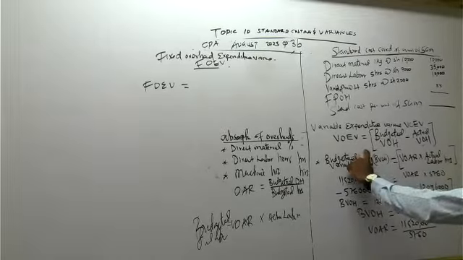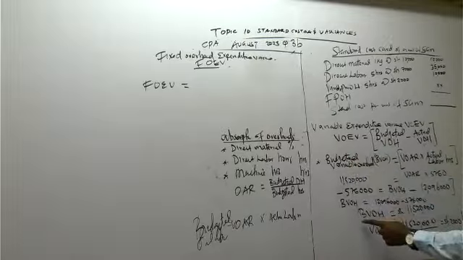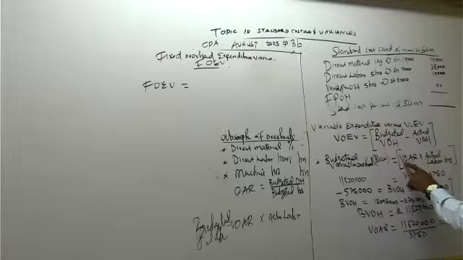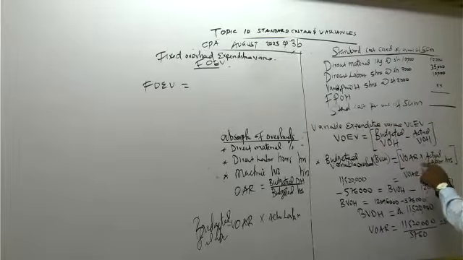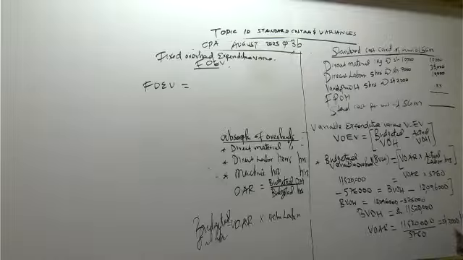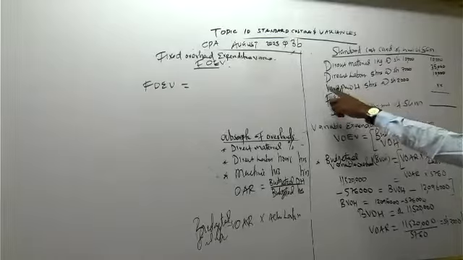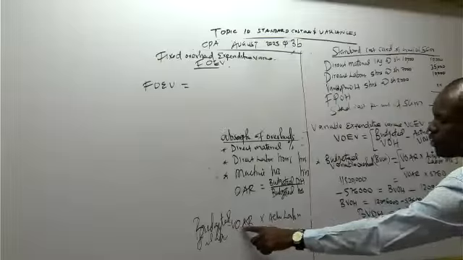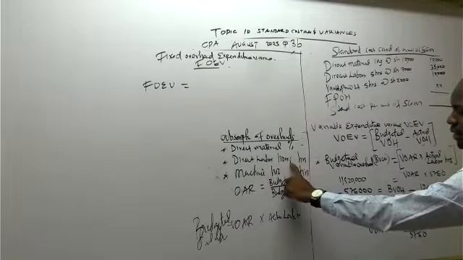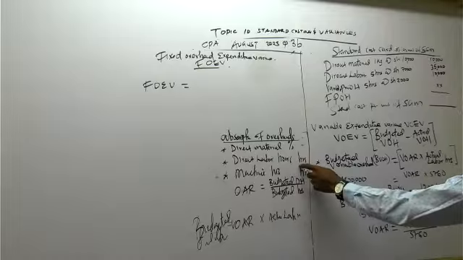Back to our question where we had the two unknowns. When we are now able to get the budgeted variable overhead, we remain with one unknown, which is variable overhead absorption rate. If you work this out very well, we arrive at a variable overhead absorption rate of 2,000 per hour. The variable overhead absorption rate is absorbed based on direct labor hours.